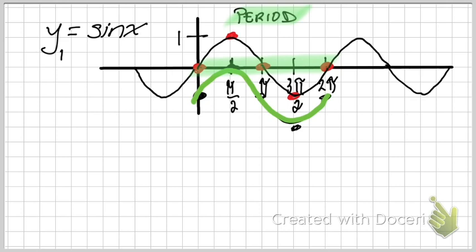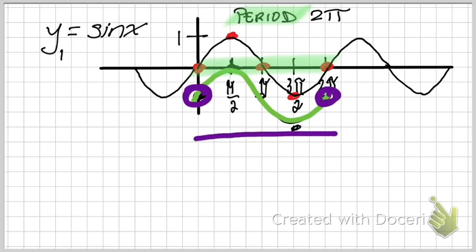The period for one cycle is 2 pi. Can you see that? As I go from the first point to the last point in one cycle, that is happening over 2 pi units. Okay, so this is what the period of the function is.